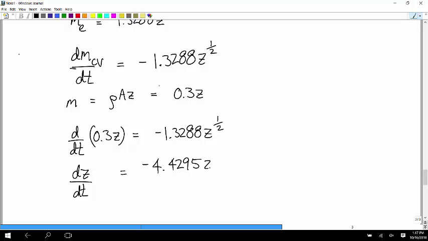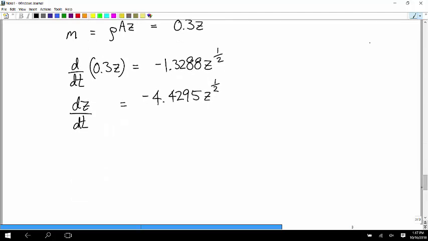And then we have z to the 1/2. Okay. So how do we solve this? Now we can use separation of variables. So we have z to the negative 1/2 dz is equal to negative 4.4295 dt.